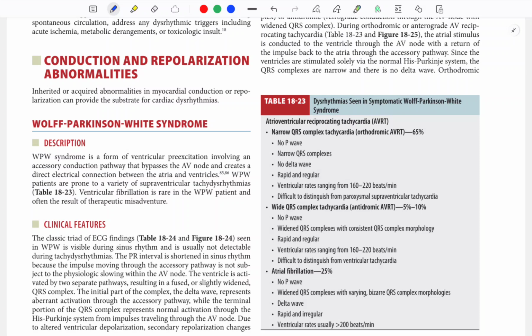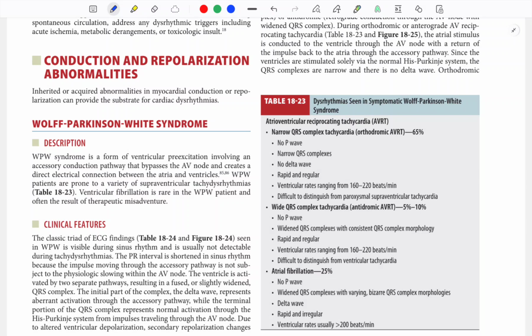Actually, there is an accessory pathway, because after the P wave there is a delay because of the AV nodal delay, but it bypasses, and the conduction reaches the ventricle via an accessory pathway. That's why you see a slurring in the QRS complex after the P wave.